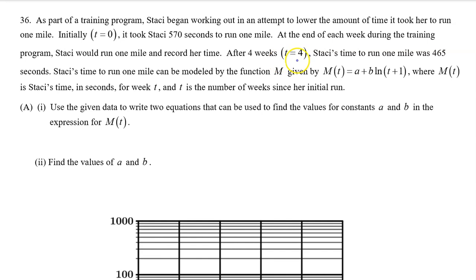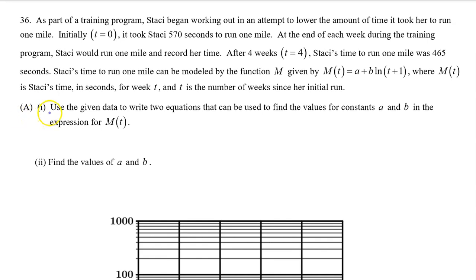After 4 weeks, t equals 4, Stacy's time to run 1 mile was 465 seconds. Stacy's time to run 1 mile can be modeled by function m, given by m of t equals a plus b natural log t plus 1, where m of t is Stacy's time in seconds for week t, and t is the number of weeks since her initial run.